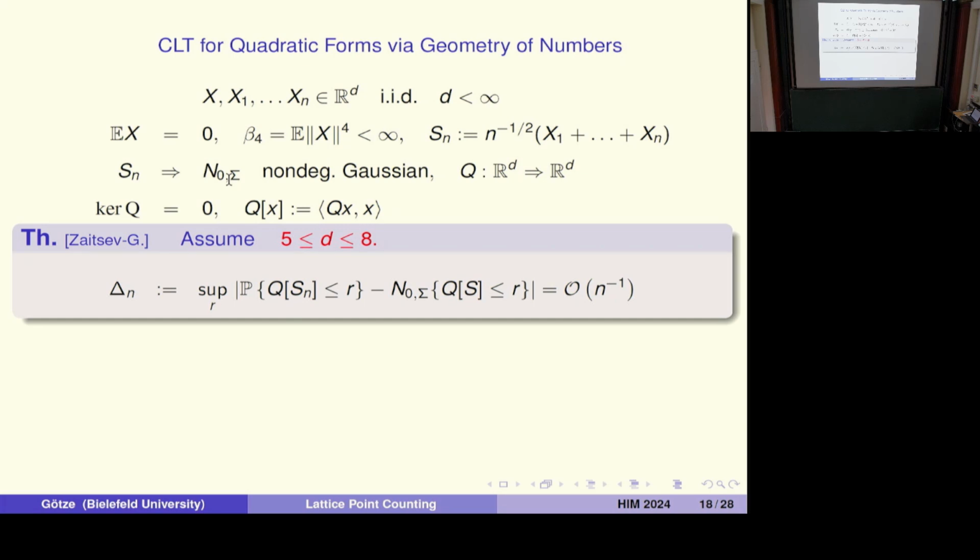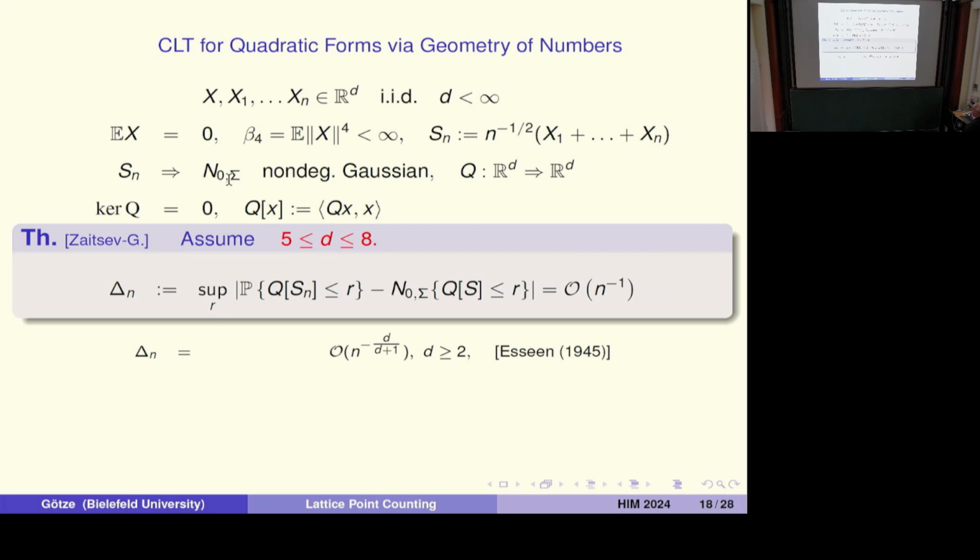The upper bound was known in the 90s for dimensions 9 and larger, but here the remaining thing we could do was between dimensions 5 and 8. And the reason that this was so similar to the previous one is that it is based on number theory.